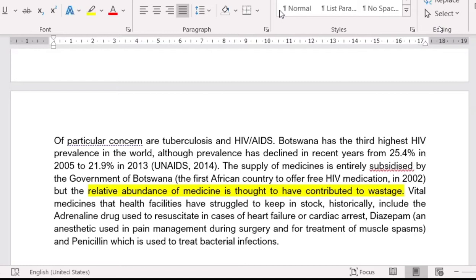Okay. You are right. Now the question is, how does quantification contribute to wastage? Go ahead. When a quantification is wrongly done, it can lead to over procurement of a certain commodity.